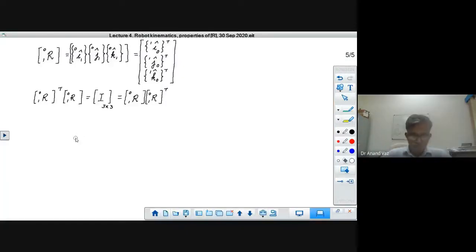Now, we saw that there is a restriction on the magnitudes. Each of these columns has a magnitude of 1. Now, how do you specify that? We can say that the magnitude of this column is equal to 1.